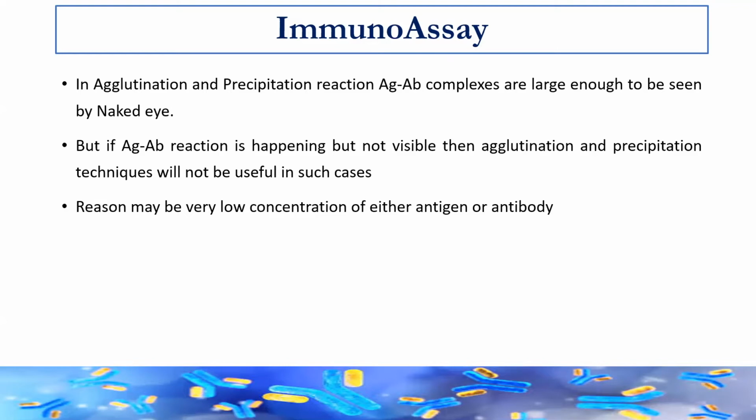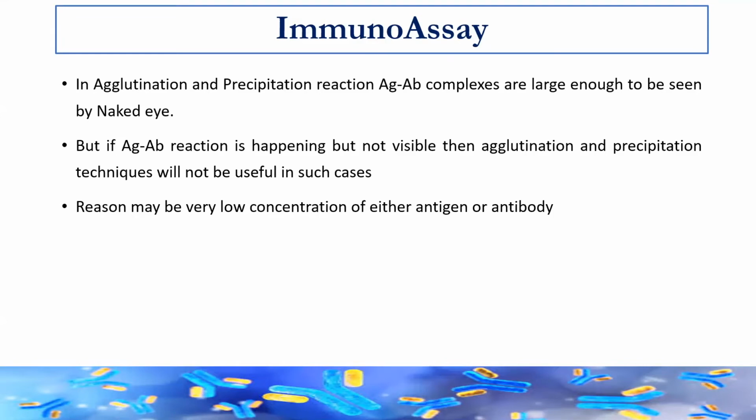Now, what are the reasons we will not be able to see the reactions between antigen and antibody? The reason might be that the antigen and antibody are present in very low concentration, so they are reacting but not forming very large complexes that are visible enough to form agglutination and precipitation.